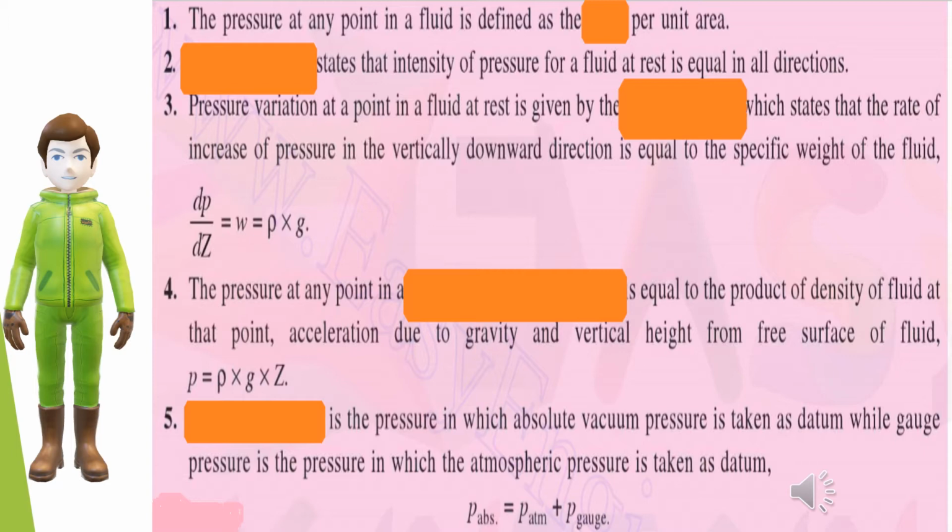Fifth one, dash is the pressure in which absolute vacuum pressure is taken as datum, while gauge pressure is the pressure in which the atmospheric pressure is taken as datum. P absolute equals P atmospheric plus P gauge.